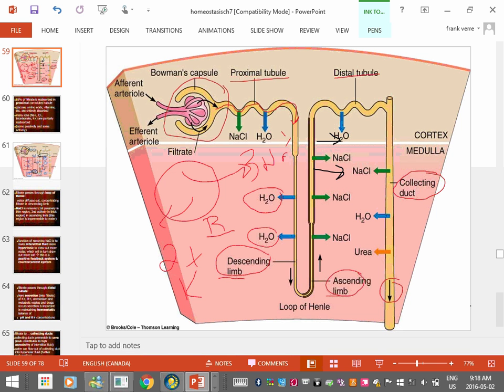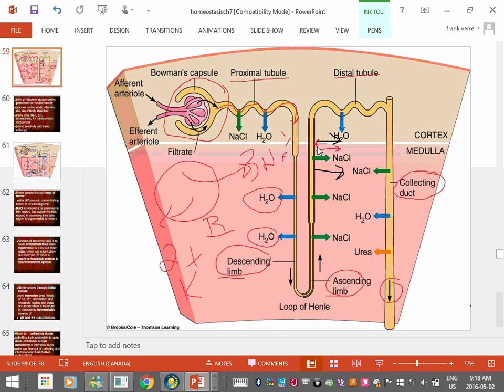The way they're oriented here in the ascending limb, 3 sodium would go this way, so the sodium would be reabsorbed, whereas the potassium would be excreted, released into the urine.